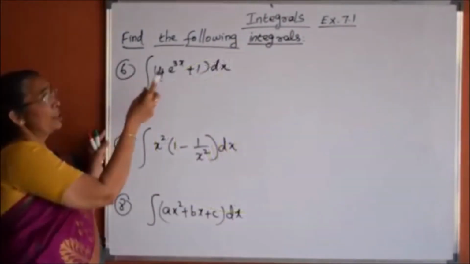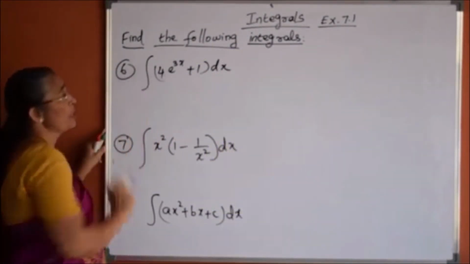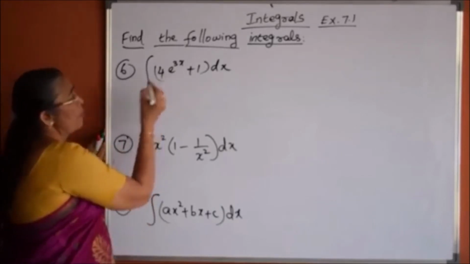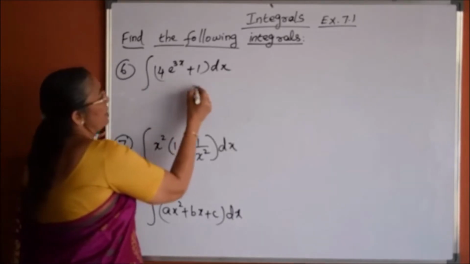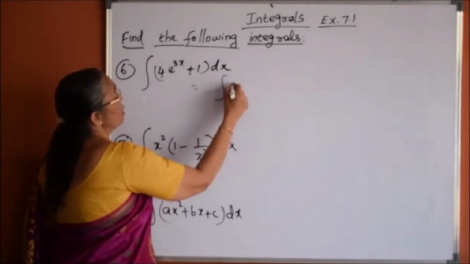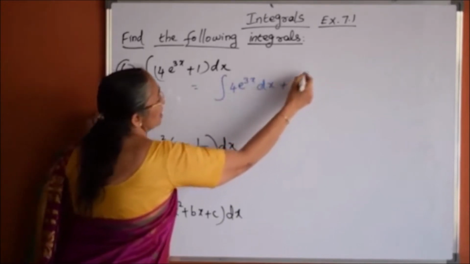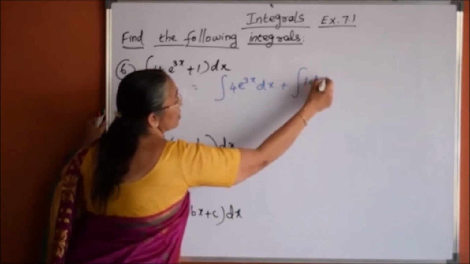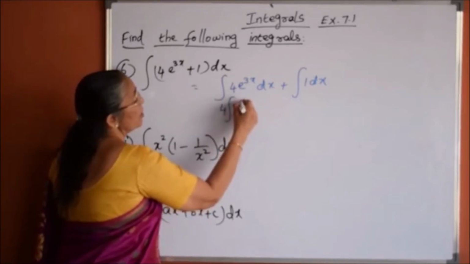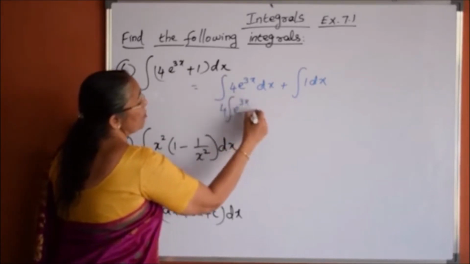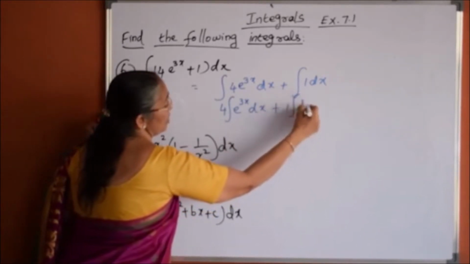Now let us integrate the following functions. Integration of 4 e to the power of 3x plus 1 dx. Let me split this, which is the same as integration of 4 e to the power of 3x dx plus integration of 1 dx. Now 4 is constant, we can take it outside: 4 into integration of e power 3x dx plus 1 of integration of dx.